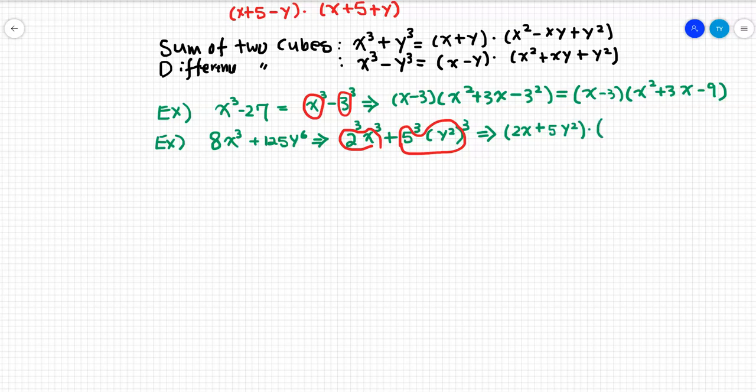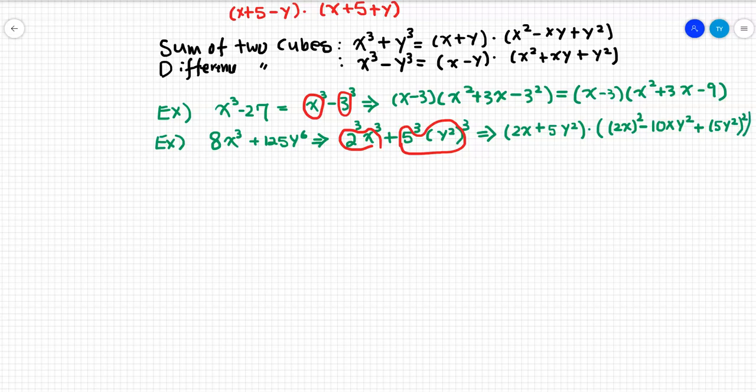Next, x squared means the 2x squared, minus xy, so minus 10x y squared, and plus y squared, which means the 5y squared, squared.